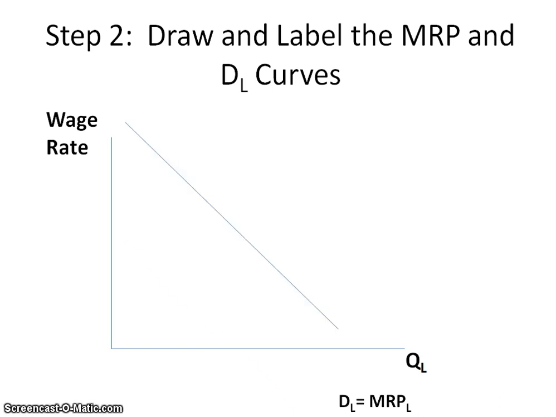When you're drawing the demand for labor curve, it's equal to the MRP, the marginal revenue product of labor. It is downward sloping. The demand for a resource is derived from the demand of the product it produces. There are two things that affect the MRP: productivity and product price. Whether we're talking about the monopsony or the perfectly competitive firm, both of them have the downward sloping demand curve.